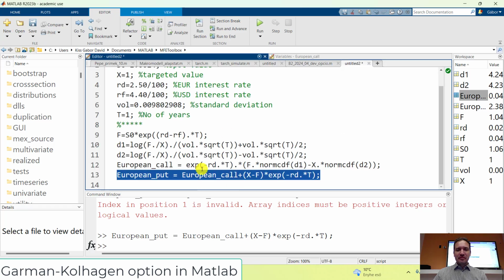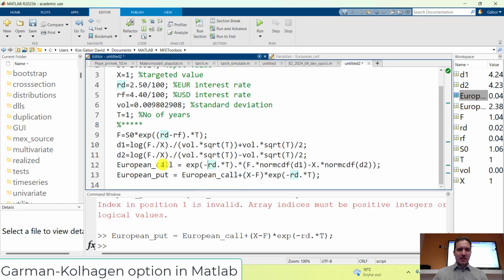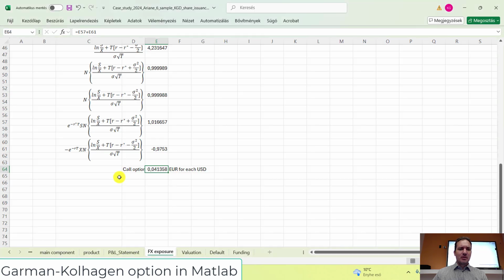And also, in terms of pricing, you can see that if we are just taking this addition here, then we can also get the put option. So now let's also create the put option fee. If we are already doing this, then we should do it nicely.